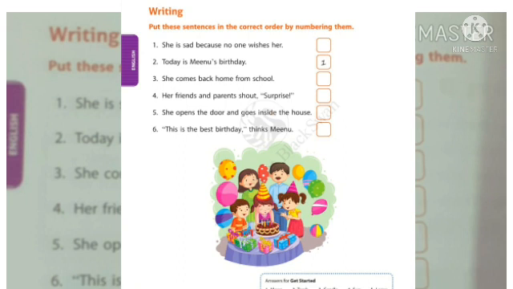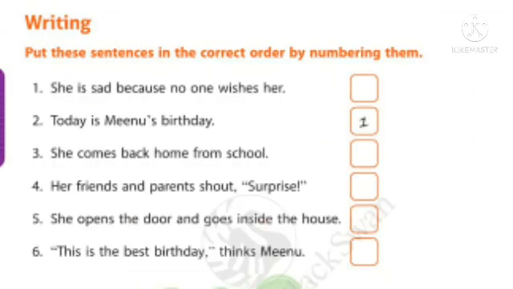So we need to arrange the sentences in correct order. They are given one example. The first sentence is today is Minu's birthday. And which is the second one? Yes, she is so sad because no one wishes her. That is the second sentence. And the third one, she comes back home from school.